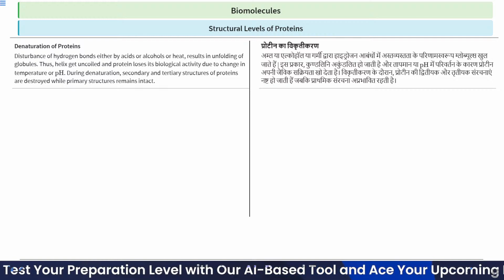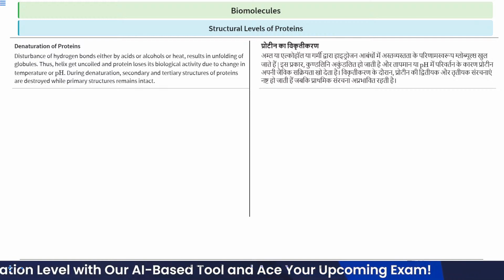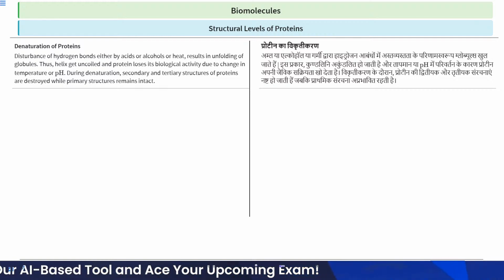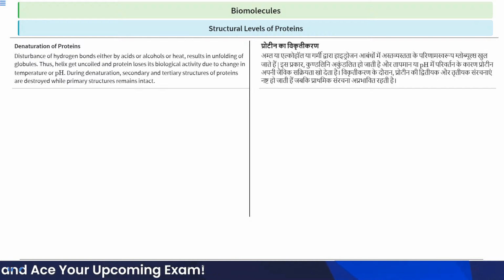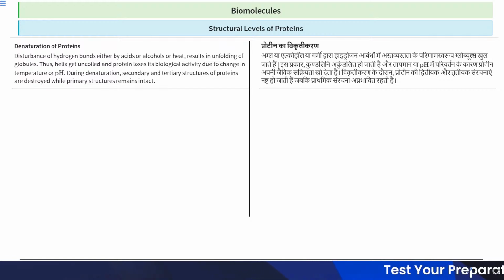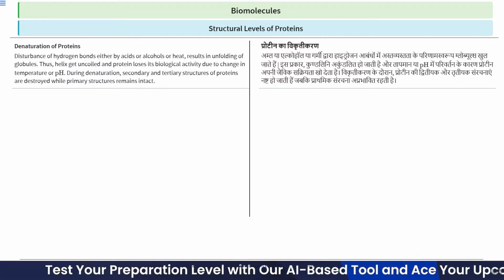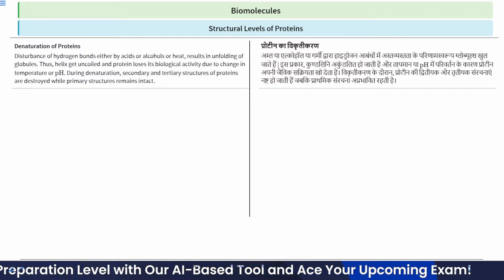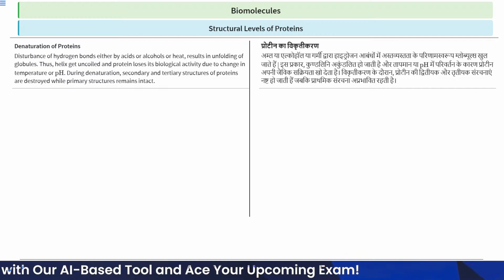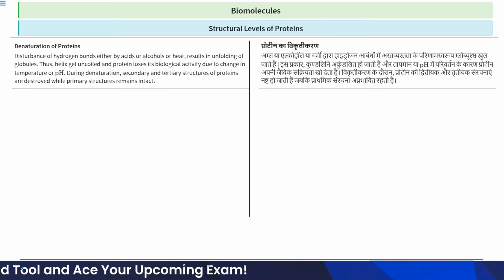The globules get unfolded, the helix gets uncoiled, and the protein loses its biological activity due to the change in temperature or pH. The hydrogen bonds get disturbed, the coils get uncoiled, the folding gets unfolded, so the protein will lose its biological activity.